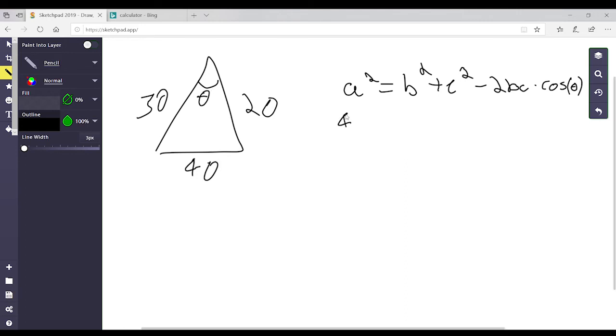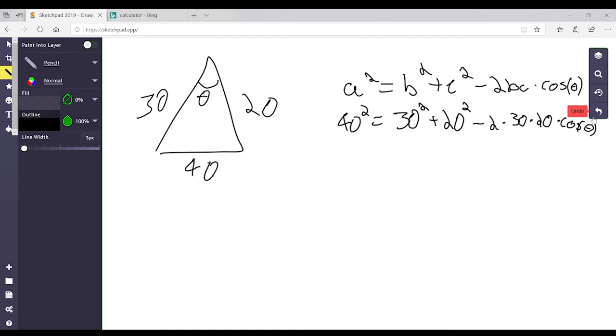So we can say 40 squared equals, and then b and c can be any which sides. It doesn't matter which you choose. So we can just say 30 squared plus 20 squared. Then we do minus 2 times 30 times 20 times cosine of theta. So the variable we're trying to get is theta. Okay, so now let's start to simplify.